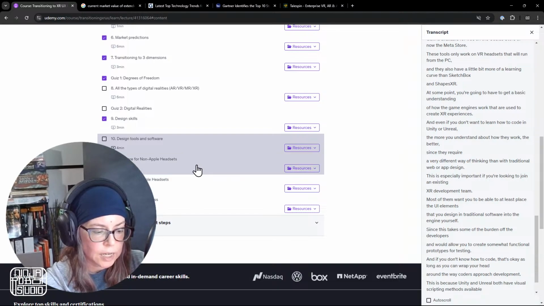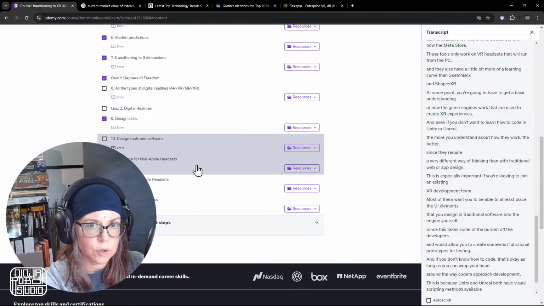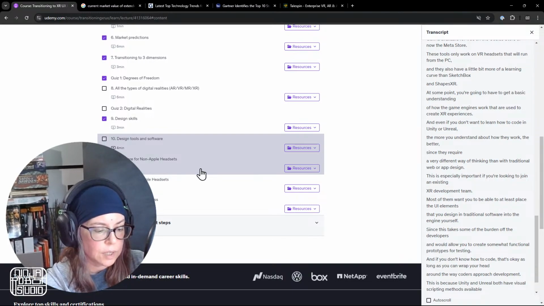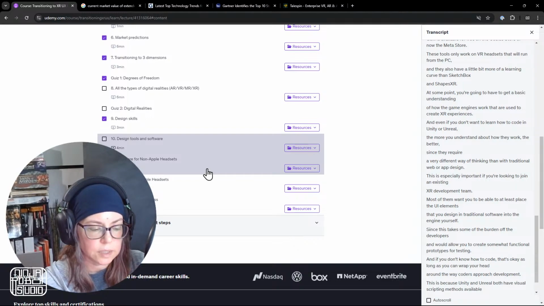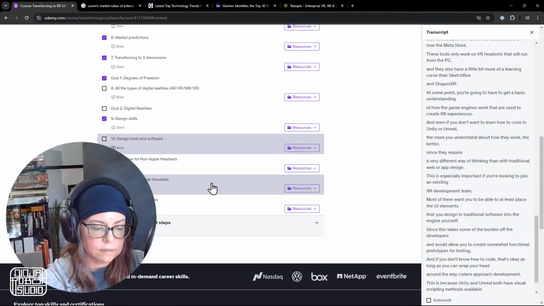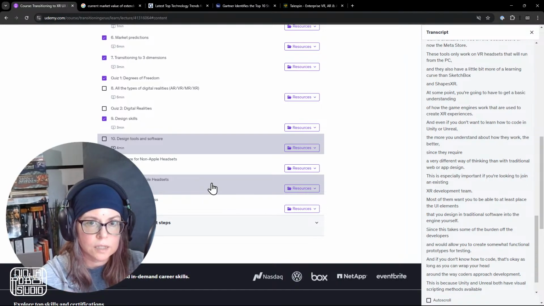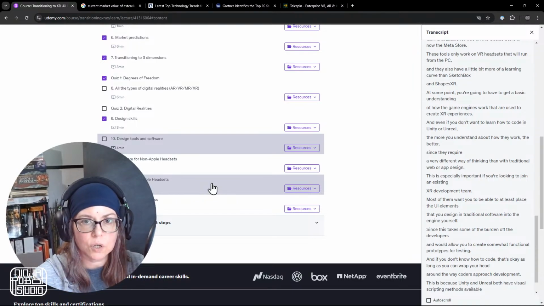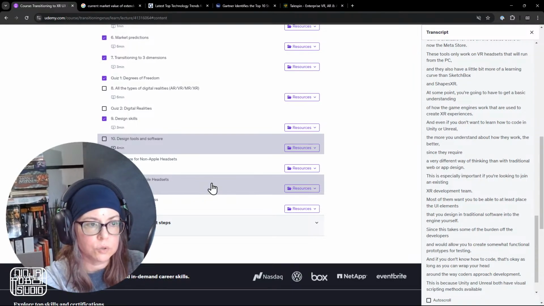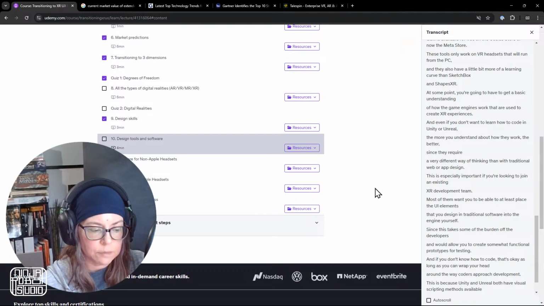Hardware hasn't really changed. You just need to check what the local minimum requirements are for hardware. You need a PC if you're going to do anything non-Apple. And if you want to do Apple headsets, you have to have a Mac. You cannot send to build and test on a PC because they require Xcode. They require their tools, which you can only use on a Mac.